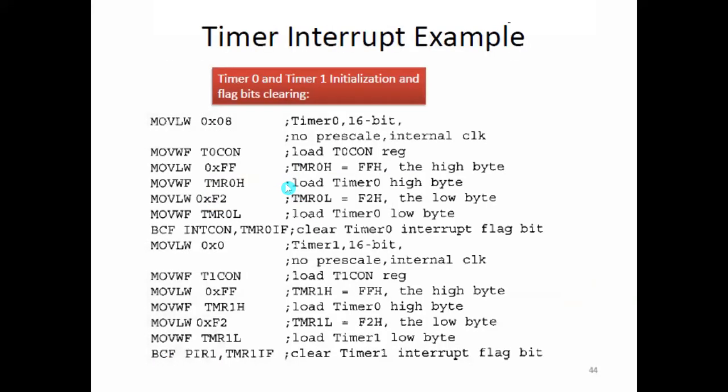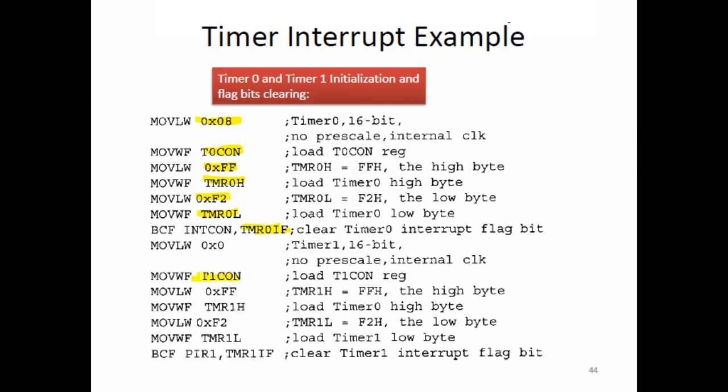For timer 0, what we have to do, we have to give the value of timer 0 control. We have to give the value of timer 0 high. We have to give the value of timer 0 low, and we have to clear the flag. Here we are using any values for timer 0 high and timer 0 low. Same thing for timer 1.